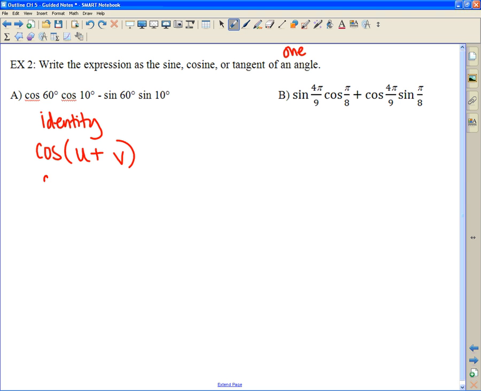So you have the cosine, your u value is 60, your v value is 10. So you really want to express this as the cosine of 70 degrees. Done. Why don't you try the next one on your own? Hit pause and try the next one on your own.